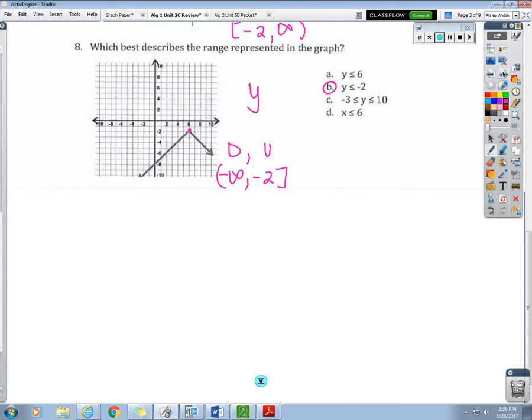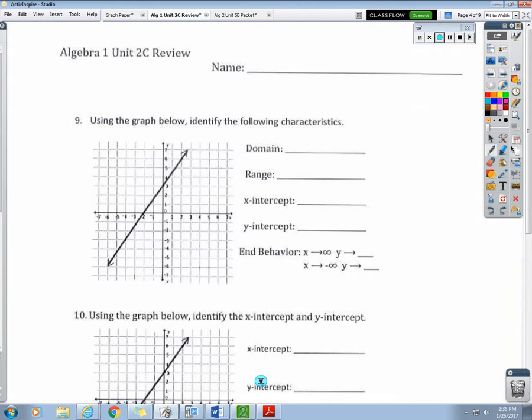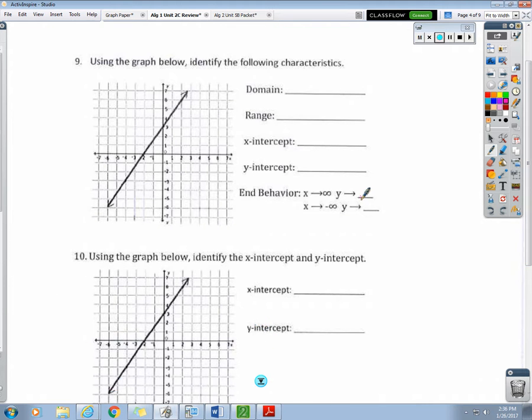Okay, number 9. Using the graph below, identify the following characteristics. Domain, we all know is x values, so left to right. If you're on this line and you travel left, you can go how far? Forever. So -infinity. If you want to travel right, how far could you go?